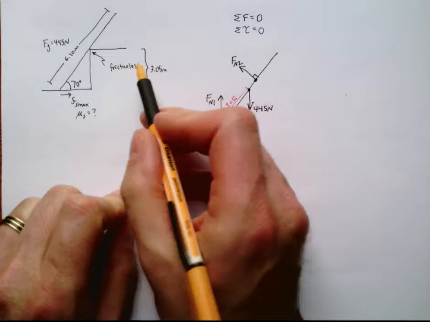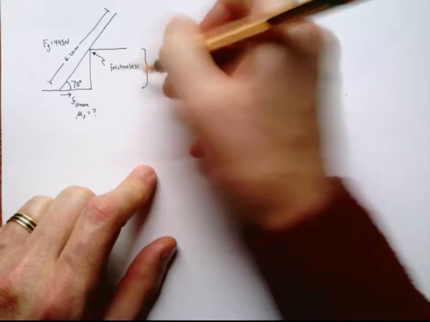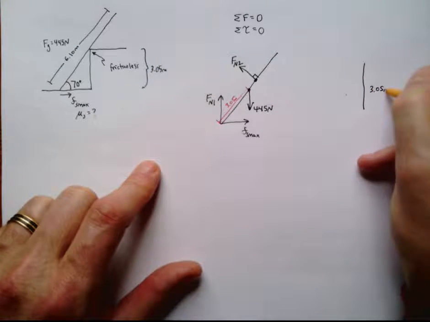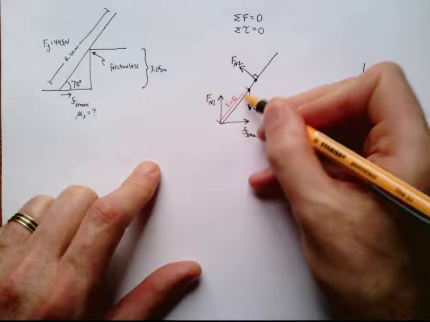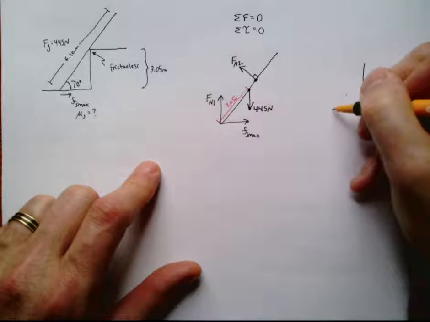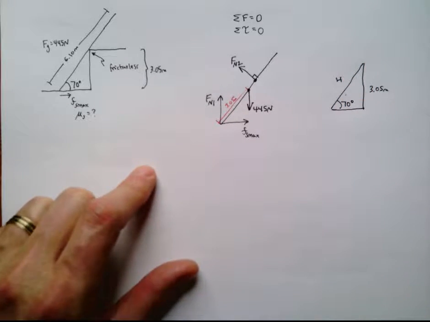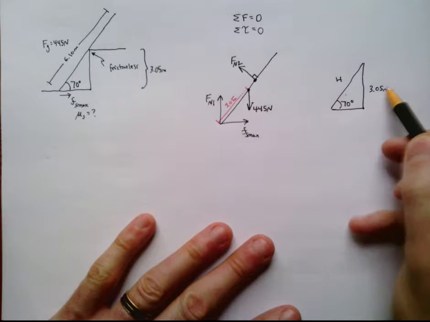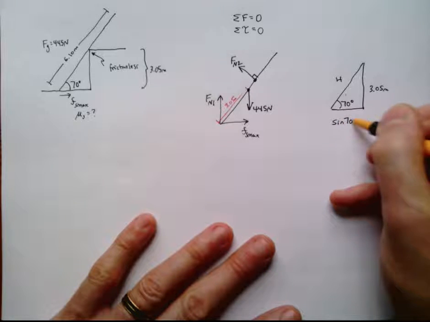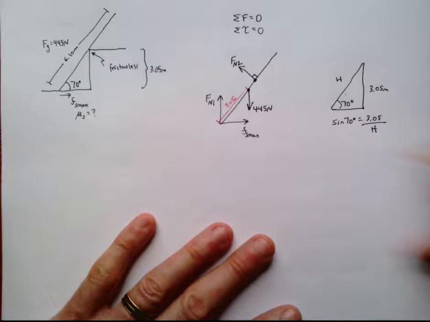Let's look back at this picture here. What they told us is that this distance right here is 3.05. Let me draw that in a triangle over here. So this is 3.05. However, we need to know essentially what the hypotenuse of this triangle is. So the hypotenuse is unknown. We do know that this is 70 degrees. So since this is opposite the 70-degree angle, I'm going to use the sine function, which says sine of 70 equals opposite, which is 3.05, divided by hypotenuse.